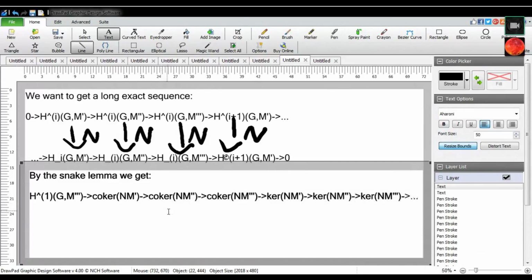And then we go on with cohomology. Our definition just told us this is a long exact cohomology sequence of Tate cohomology. Okay, so we get this exact sequence, but this is not all.